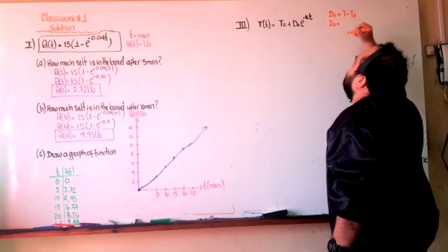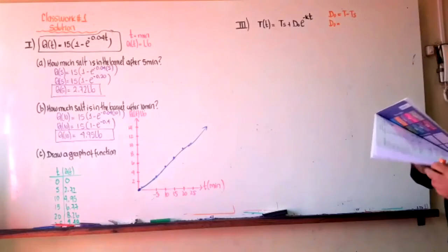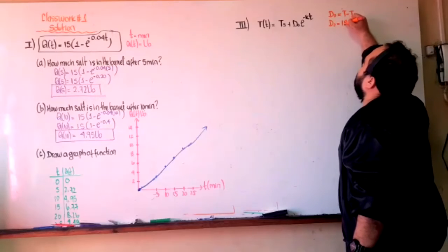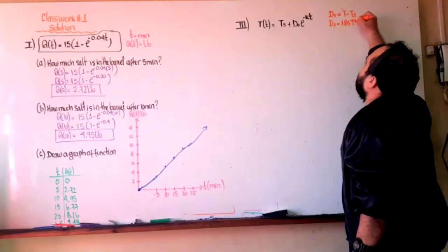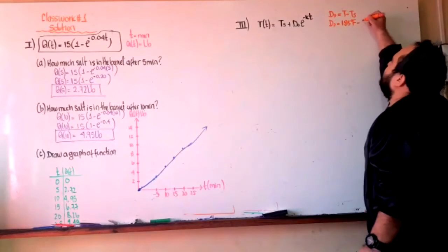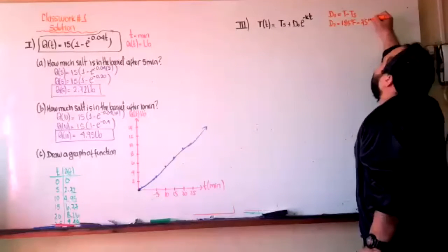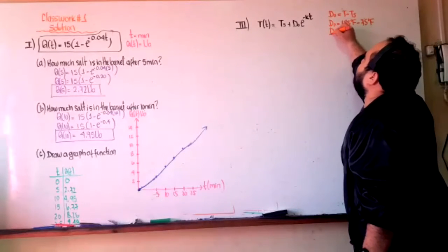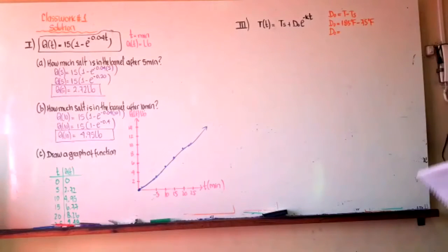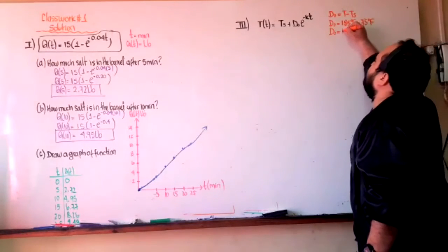At the beginning, the initial temperature was 185 Fahrenheit degrees, and the temperature of the surroundings was 75 Fahrenheit degrees. For that reason, D0 has a value of 110 Fahrenheit degrees.